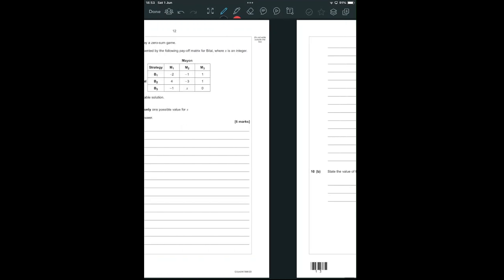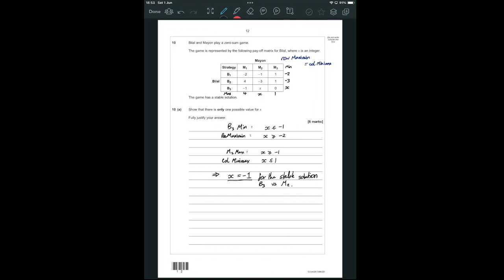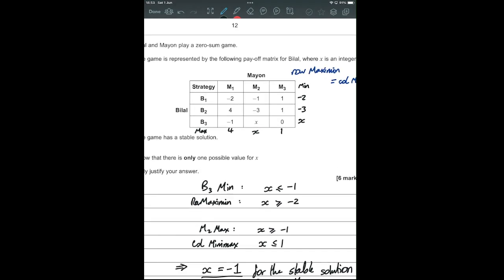So we only have 1 mark left in the paper. So my concern is, what if the stable solution was elsewhere? And that feels quite difficult to check. Well, we could go through each combination and see why it's not possible to be stable. For example, M1B1 cannot be stable because Bilal will prefer to move to B2.